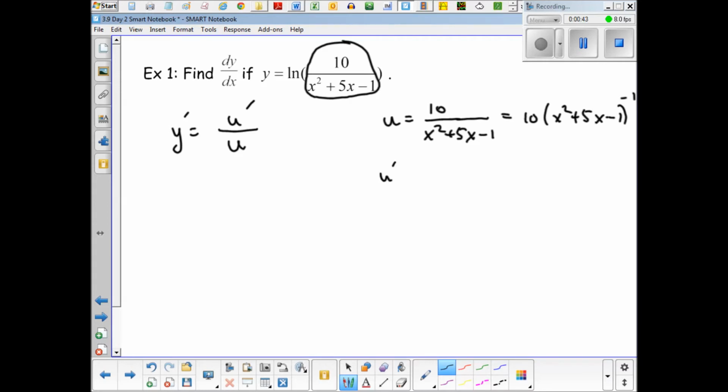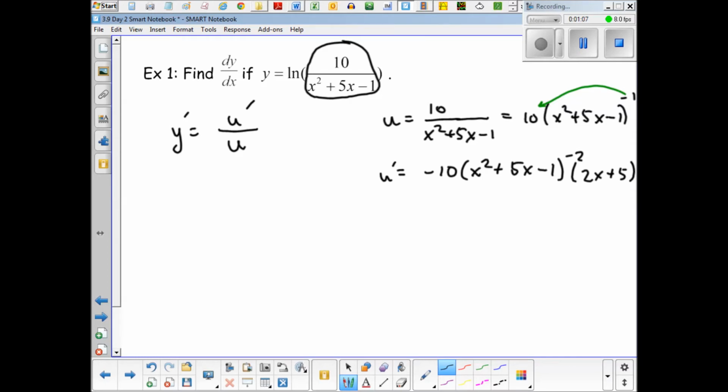u prime, if we're using the chain rule, which is easier than the quotient rule, can be found by simply bringing down the negative 1, changing it to a negative 2, and following the chain. So it's going to end up being negative 10 times x squared plus 5x minus 1 to the minus 2 times the derivative of the inside, 2x plus 5.